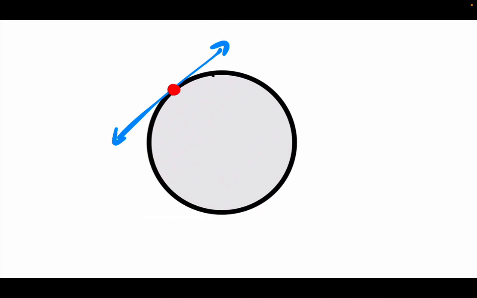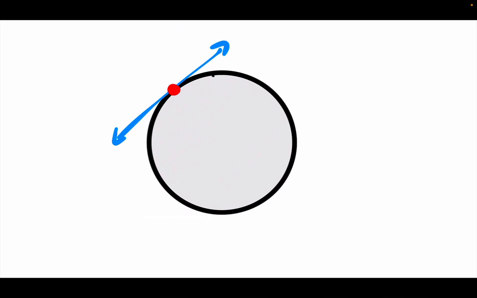It kind of bounces off that thing, like a ball sitting on the ground. So in this case, the red dot is where the blue line is tangent. What will a derivative do? A derivative will tell us what the slope of the blue line is. What is the rise over run of that blue line? That's essentially what a derivative is.